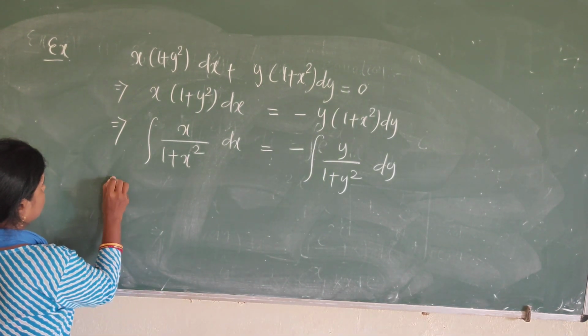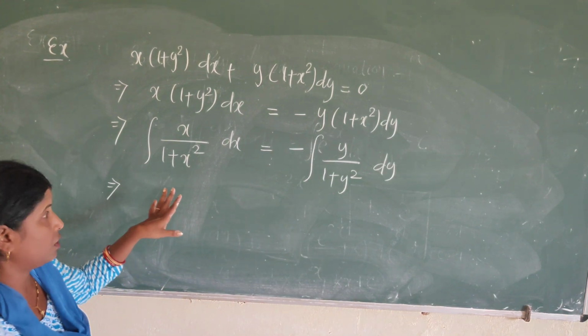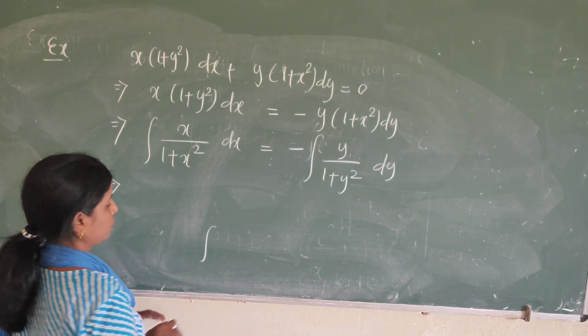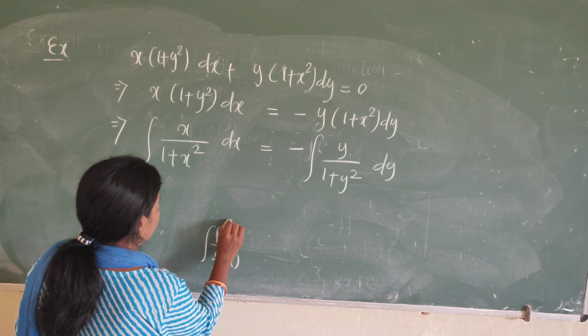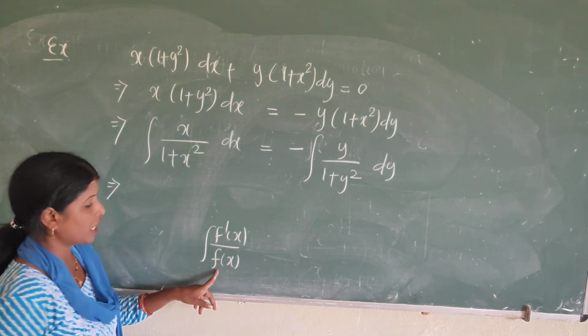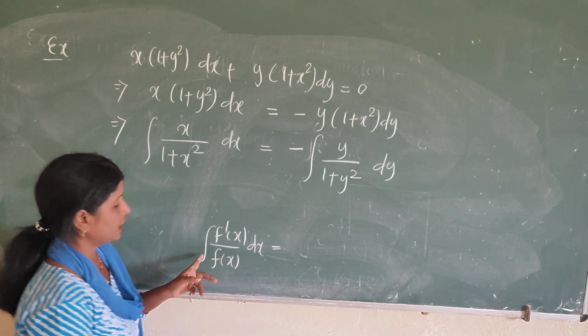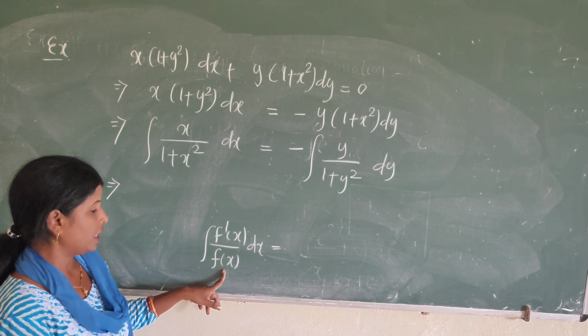What is its integration? In our chapter on integration, we know a formula. What is the formula? The integration of f dash x by f of x dx, where f dash x means the derivative of f.